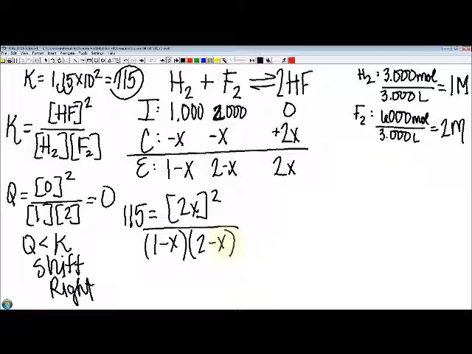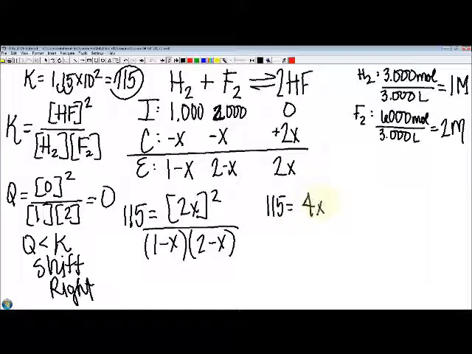Okay, so I'm going to go ahead and solve out the bottom denominator to make life easier for us, and we're going to get 115 is equal to, let's distribute this quantity squared thing.